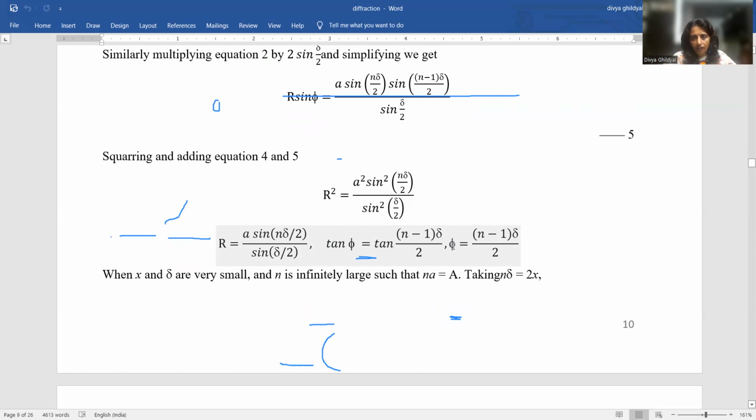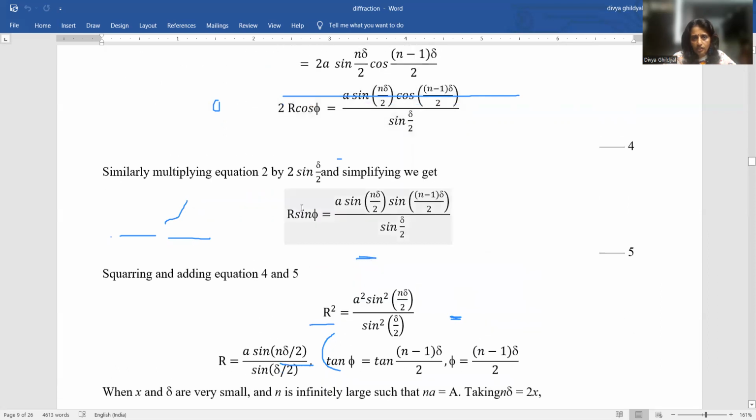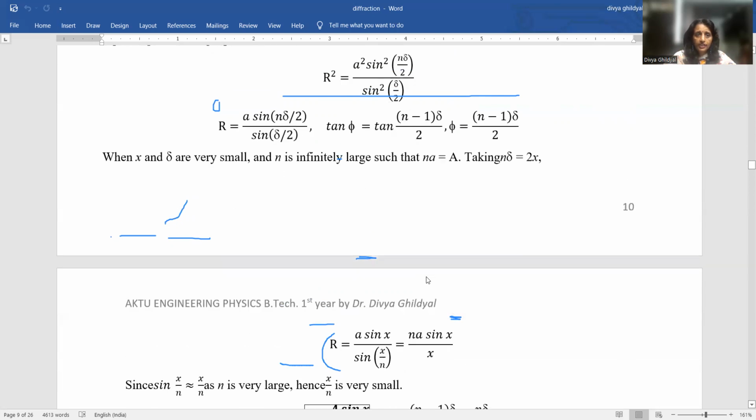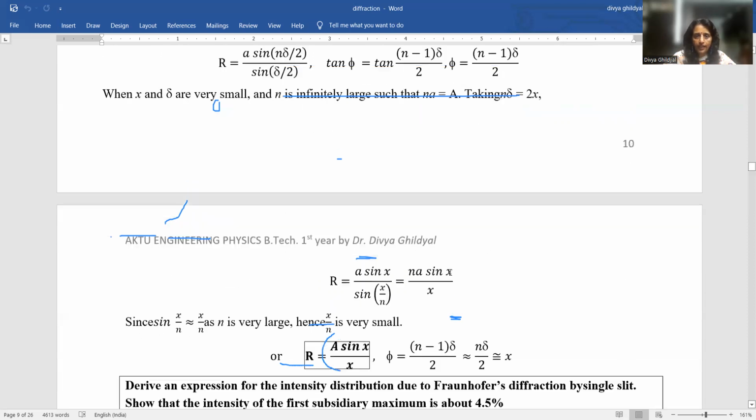And the phase angle phi, if we compare from this formula, tan comes from where? Sine phi divided by cos phi. This gives me the value of tan here. Phi is (n minus 1) del by 2. Now, since x and del are very small, n is infinitely large, such that nA can be taken as a resultant amplitude capital A and n del equal to 2x.